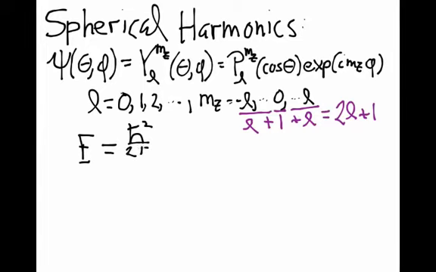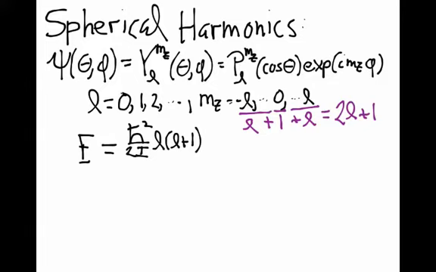The actual energy levels here, the thing we really want to know in a lot of cases, are just h bar squared over twice the moment of inertia times L times L plus 1. So once again, just like the particle in the box, just like the particle on a ring, the energy goes like quantum number squared, but it's got this little plus 1 in there. That little plus 1 actually matters a lot, as we'll see in a second.